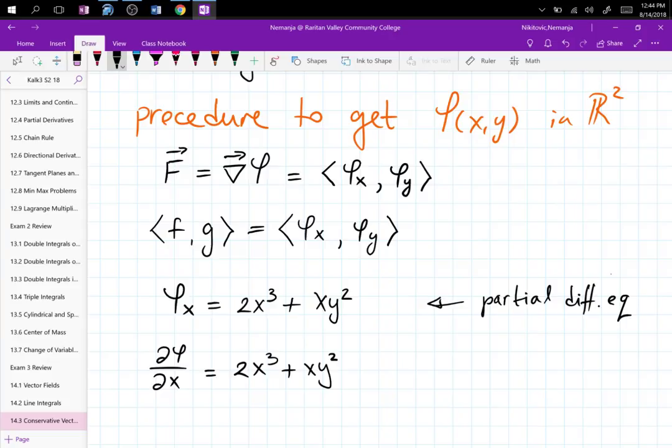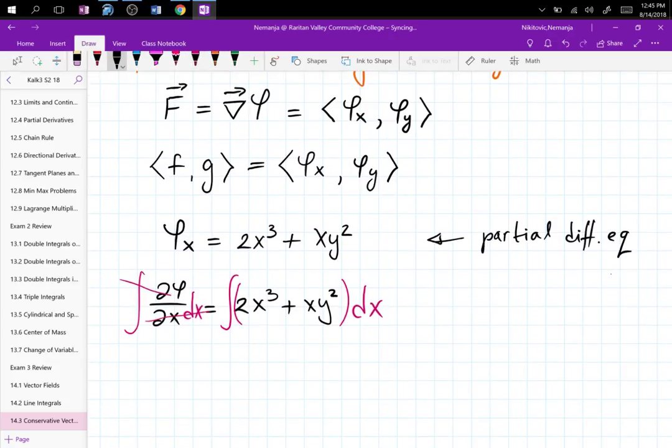To undo this, we clearly need to integrate both sides in respect to x, so you put integral dx on both sides, and if you take a look at what happens on the left, the integral knocks off the partial, and dx cancels dx, so you are left with phi of xy, which is what you're looking for, right? That's the answer already. And on the right-hand side, you just need to integrate, but you know how to integrate, and you're integrating in respect to x, so all of your y's are constants, and you just plow through this.